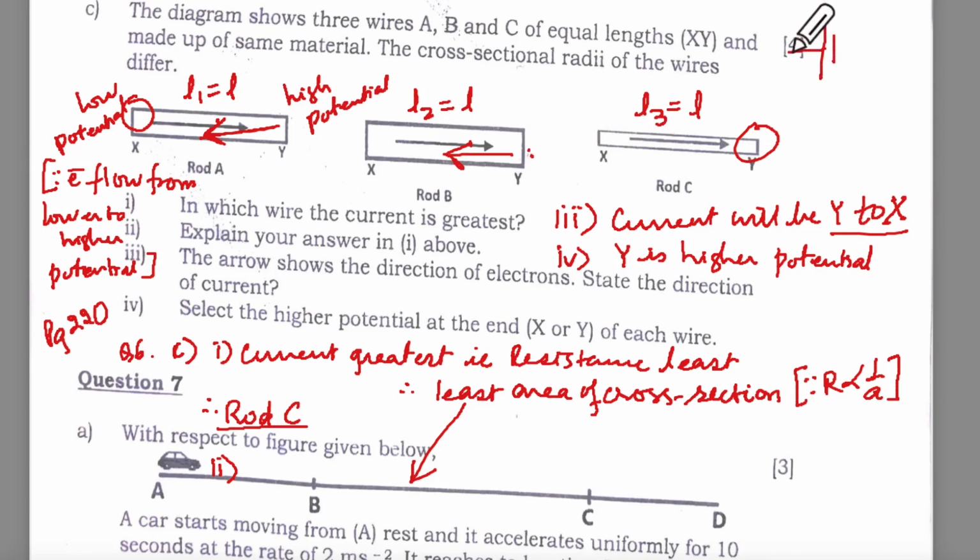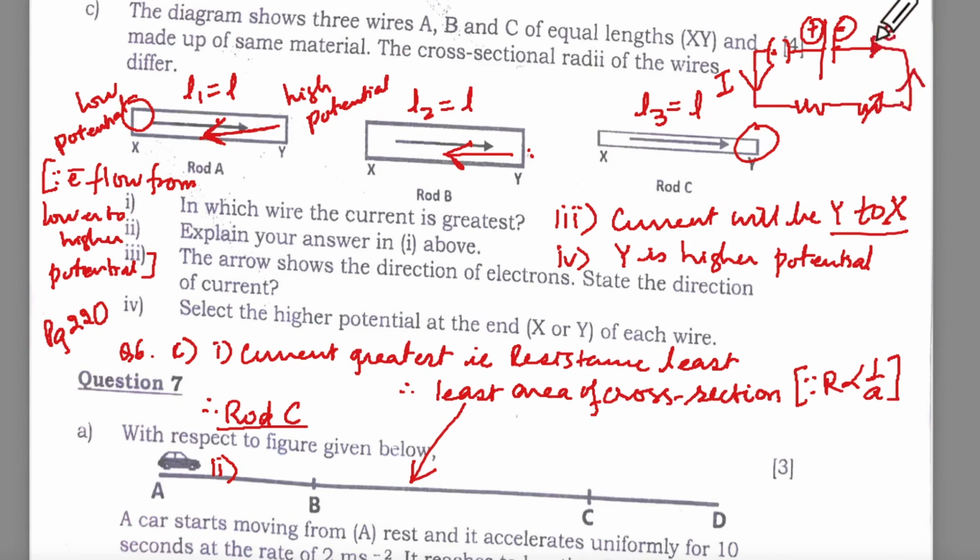See, if you have a cell like this, and the key and the resistance and the rheostat like this, okay? So this is positive, this is negative, yes? So this will be higher and this will be lower, correct? So the current will go like this. But the electrons will go like this, in the opposite direction.